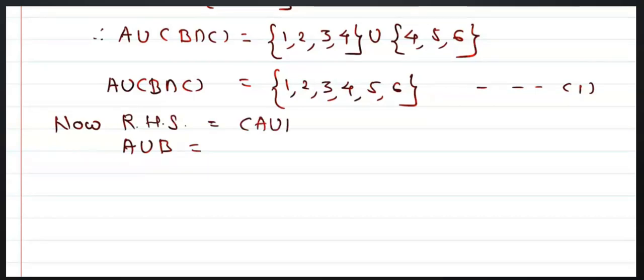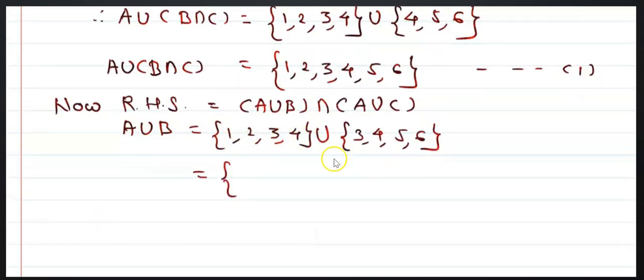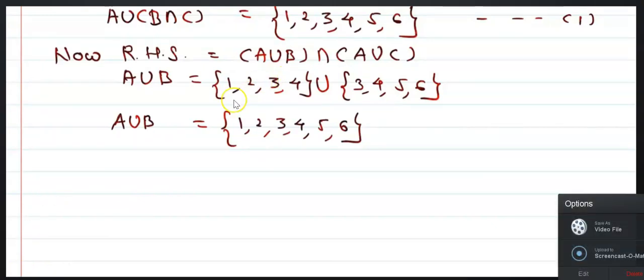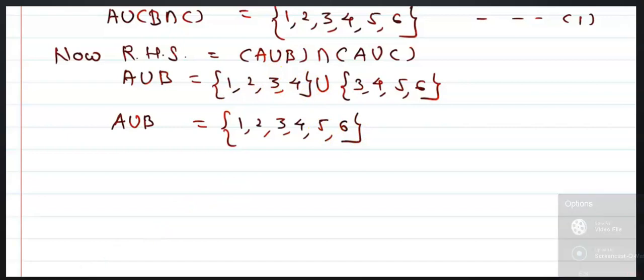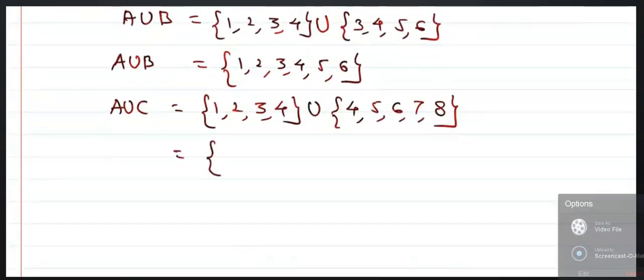Now we will consider the RHS, which is (A union B) intersection (A union C). Now first of all we'll find out A union B, which is {1, 2, 3, 4} union {3, 4, 5, 6}. And that's why you will get their union is {1, 2, 3, 4, 5, 6}. A union C is equal to {1, 2, 3, 4} union {4, 5, 6, 7, 8}.